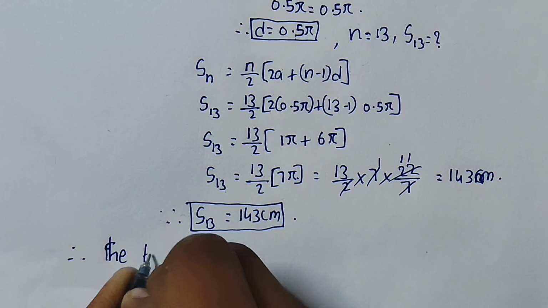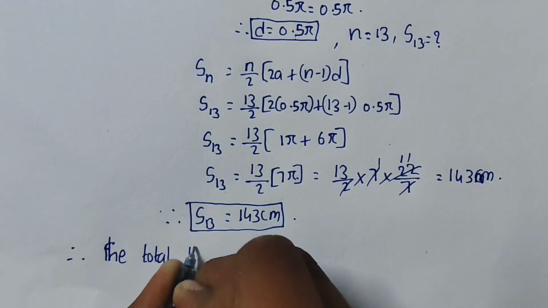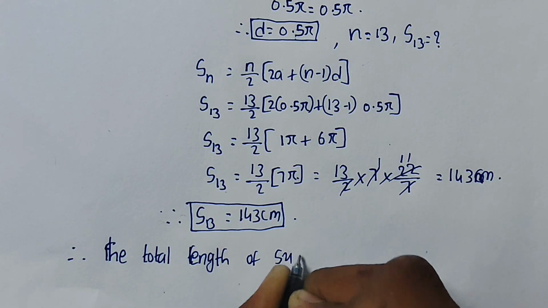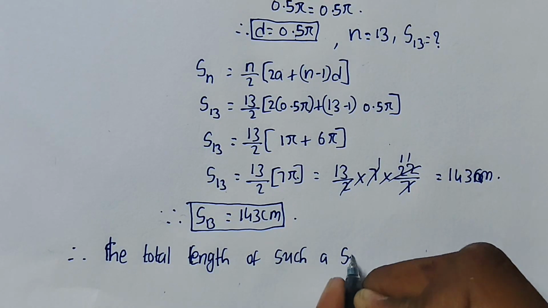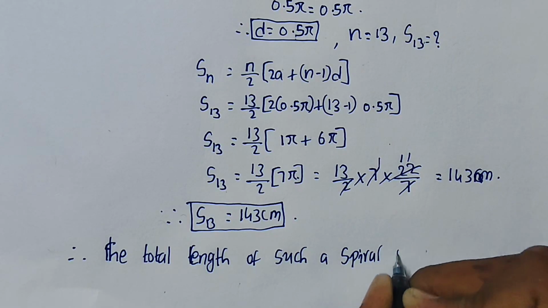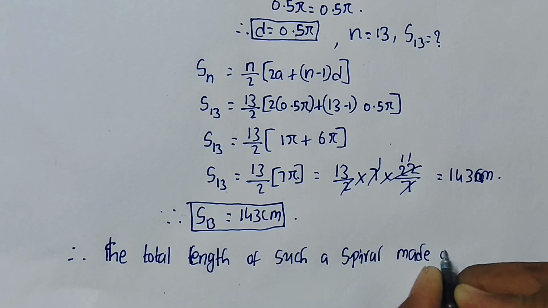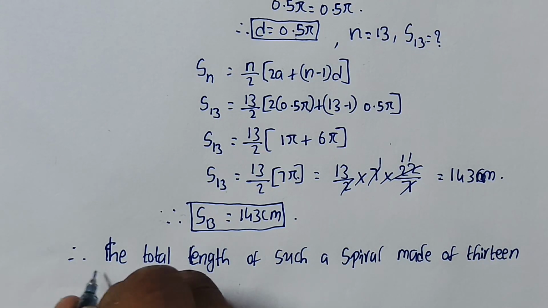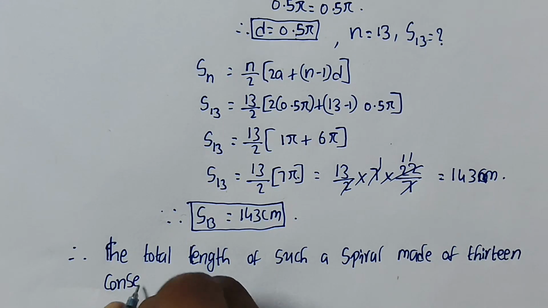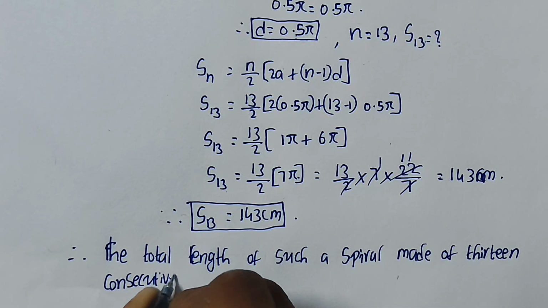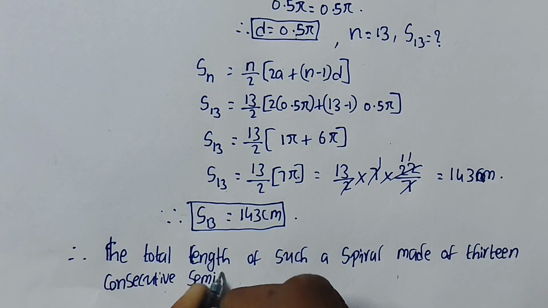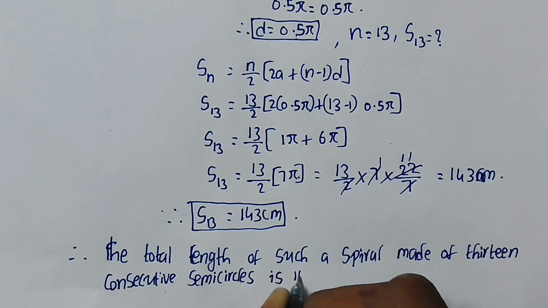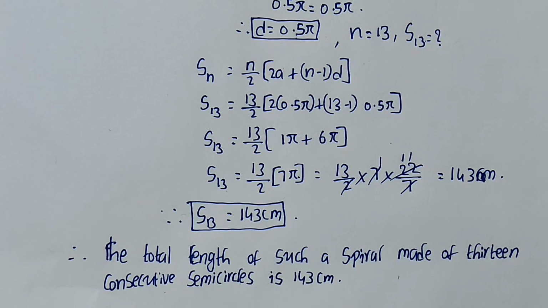The total length of such a spiral made of 13 consecutive semicircles is 143 centimeter.